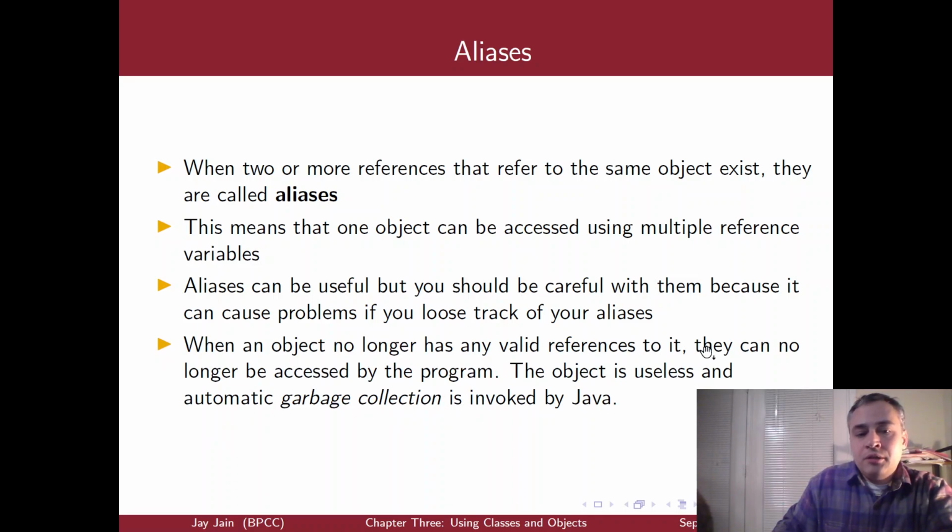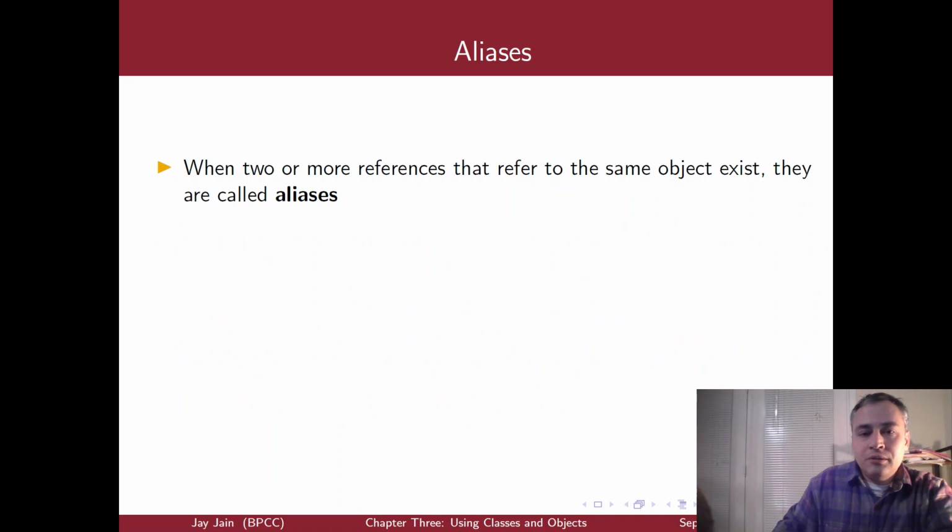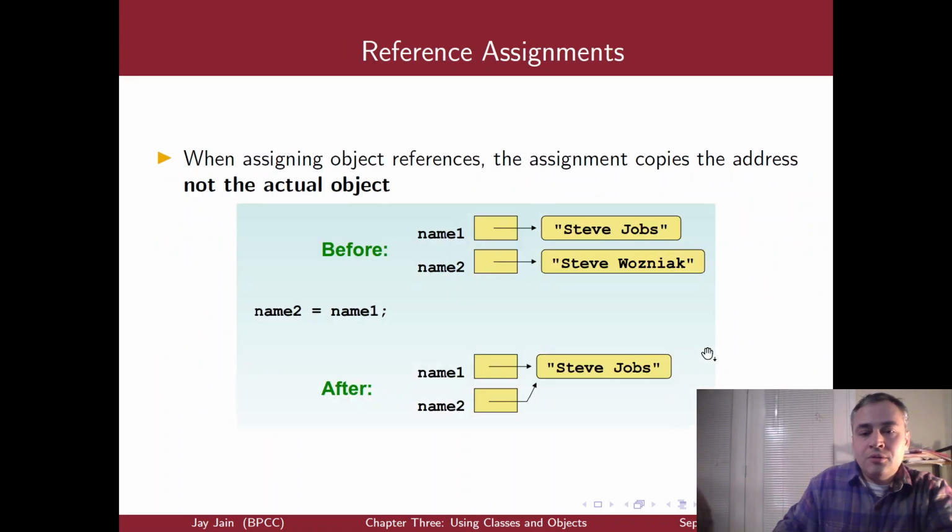And remember, if you reassign a name to a different value and there is no other variable pointing to that object, then this object is garbage collected. For example, once name2 was reassigned to be the same as name1, the object string Steve Wozniak would be garbage collected as long as there are no other aliases pointing to it.